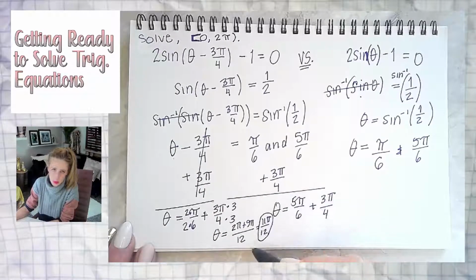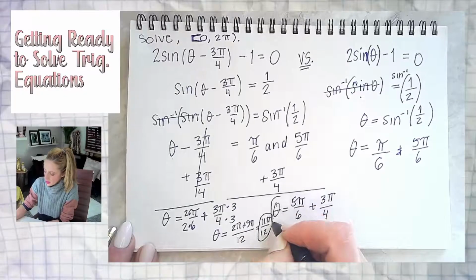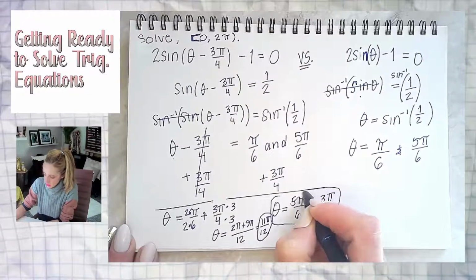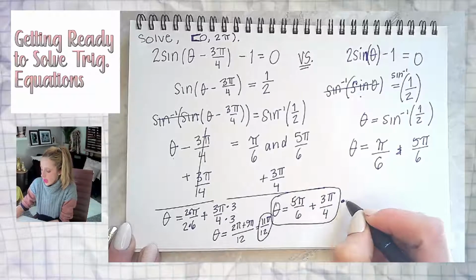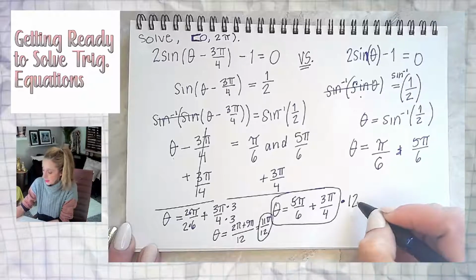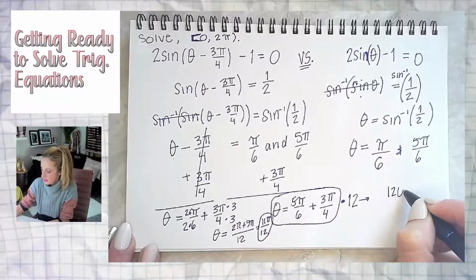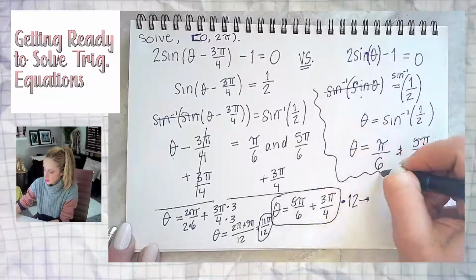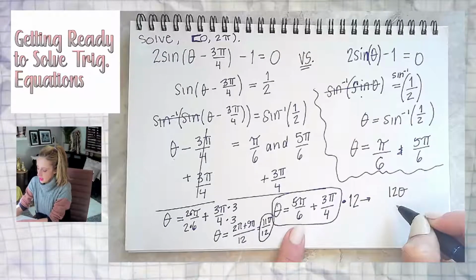As for the method where you clear out your fractions, if you are anti-fraction, I'm doing both of these a different way. You could do them whatever way you like, as long as you get the right answer. If I multiply everything by my least common denominator of 12, my next step, I would get 12 theta, because I multiply both sides, equals.